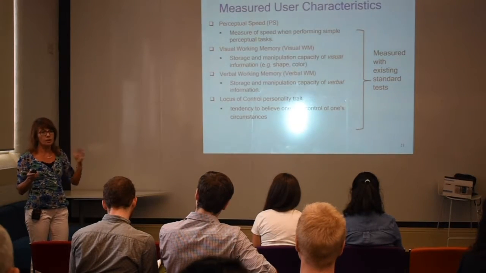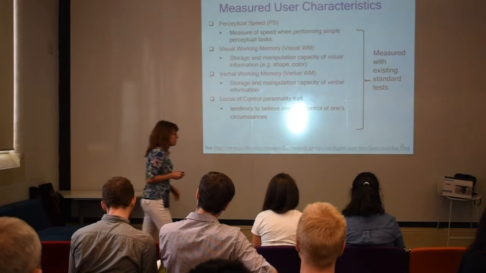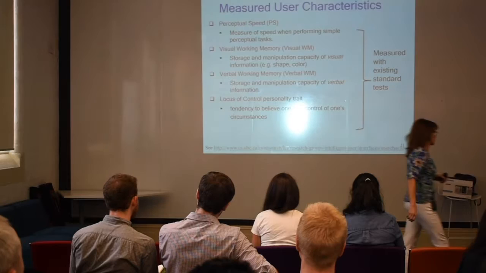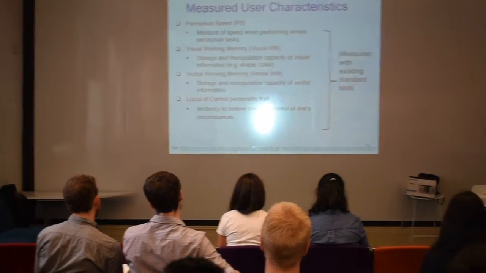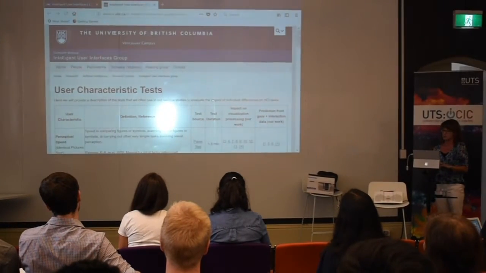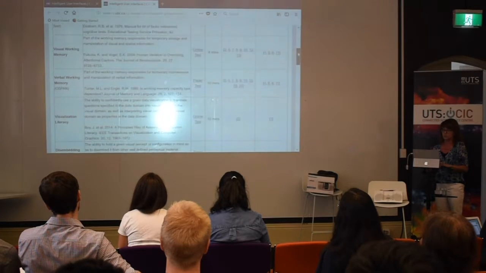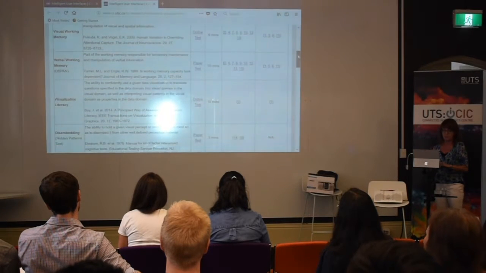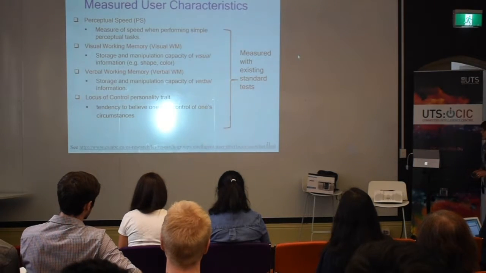There are well-established psychology tests, and we summarized them on this website if you're ever interested in what these tests look like and how long it takes to give them out. Some are on paper, some are online. This is a good summary if you're interested in more detail.